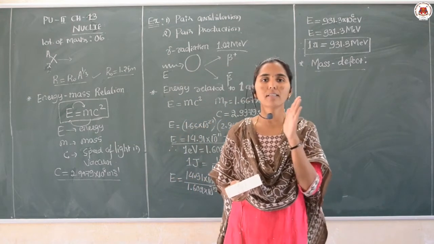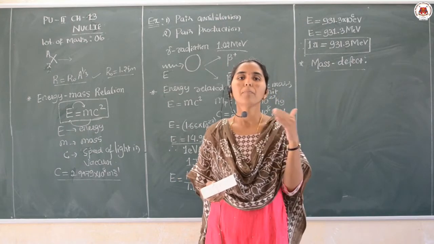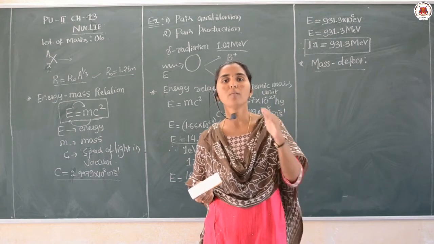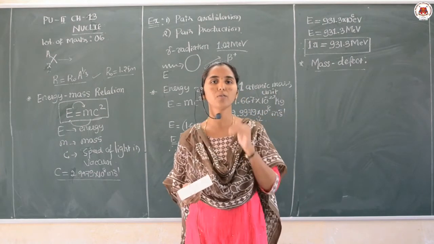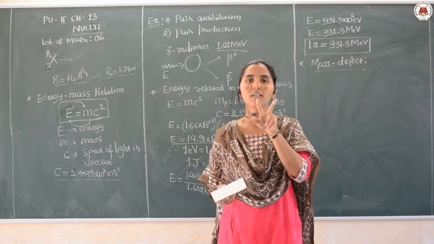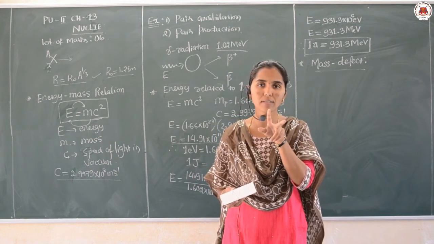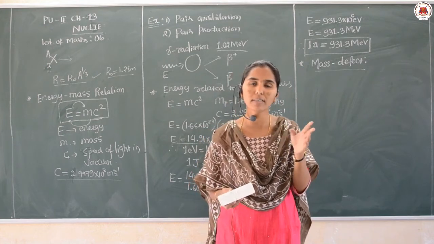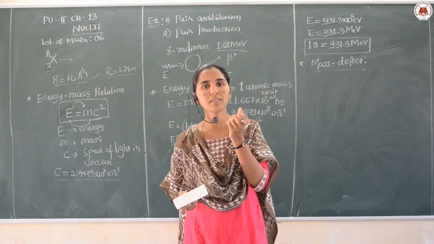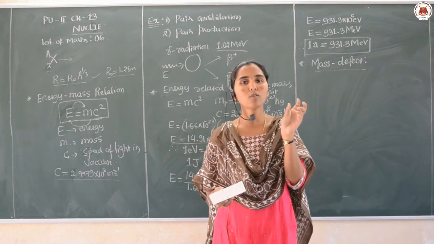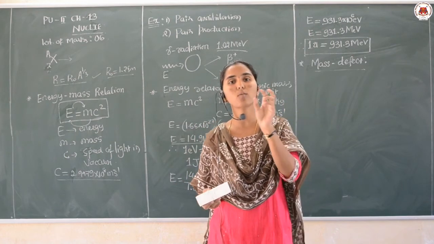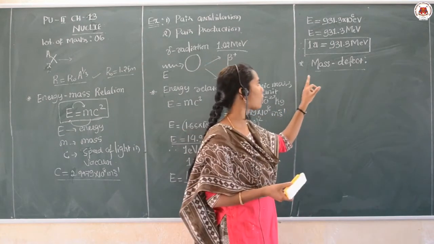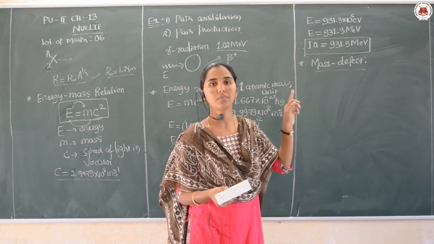That means the sum of the masses of the protons and neutrons is greater than the actual mass of the nucleus. When we take the difference between the masses of the nucleons and the actual mass of the nucleus, that difference we call the mass defect.